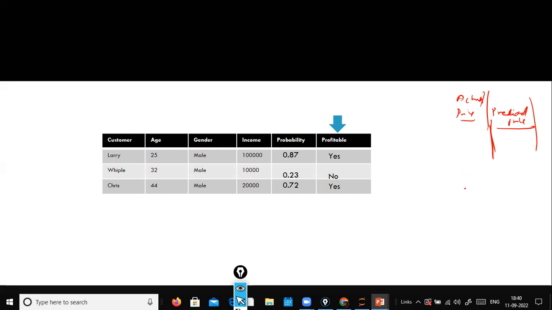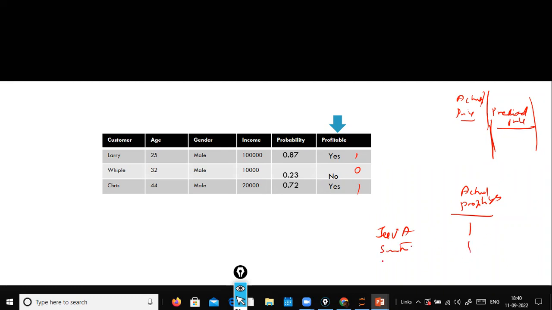Similarly, here we have the actual label, which in this case is profitable, 1 or 0. For this customer, let's say Jiva, is a profitable customer, 1. Let's say Sumati is also a profitable customer.